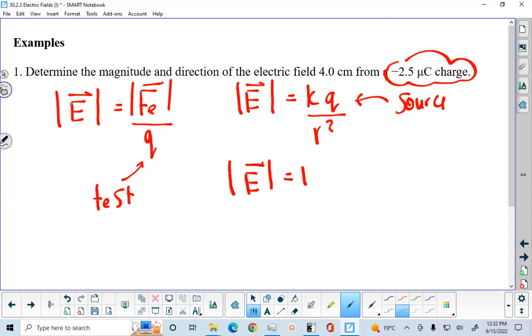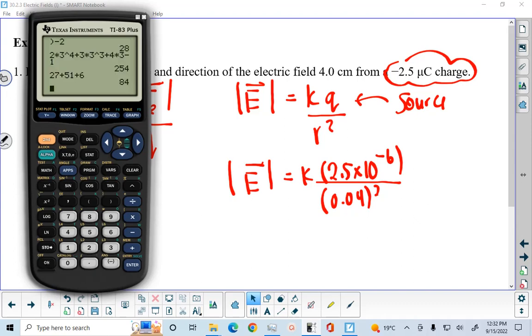We're going to take k times 2.5 times 10 to the negative 6 coulombs, divided by 0.04 squared. k is 8.99 times 10 to the 9 times 2.5 times 10 to the negative 6 divided by 0.04 squared. Double check my work. And we get this number, 1.4 times 10 to the 7.